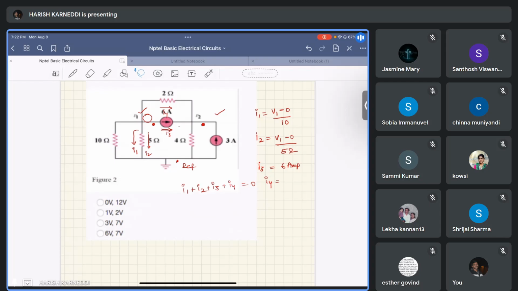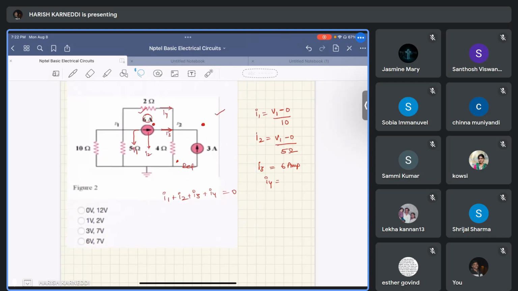Sorry, just a minute. We will move this thing a little bit to this side. Yeah, this one is the I1 and I2, I3 and I4. I4 is the current flowing from node V1 to node V2 through the 2 ohm resistor. For that I4, the voltage at node 1 is V1, right?